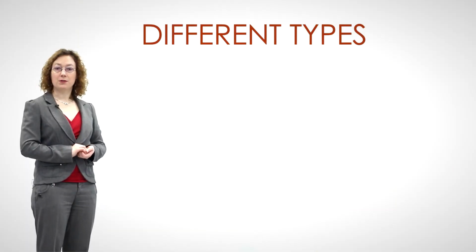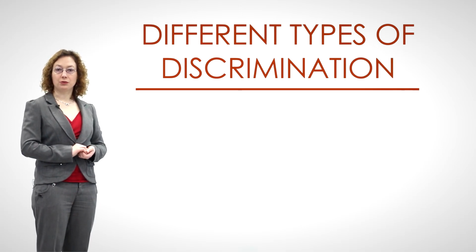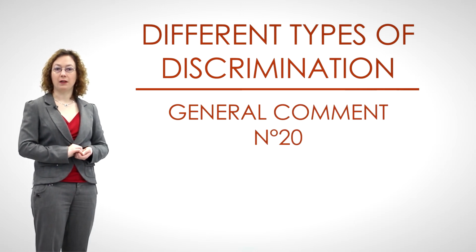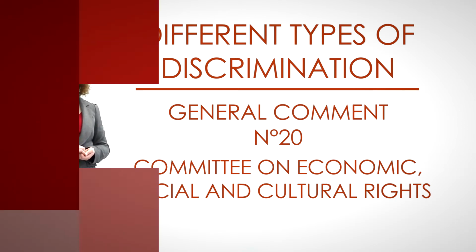There are different types of discrimination to be distinguished. According to the jurisprudence of international human rights tribunals and the UN Human Rights Committees, all of these come under the scope and meaning of the prohibition of discrimination in international law. General Comment Number 20, issued by the Committee on Economic, Social and Cultural Rights in 2009, gives a useful oversight.